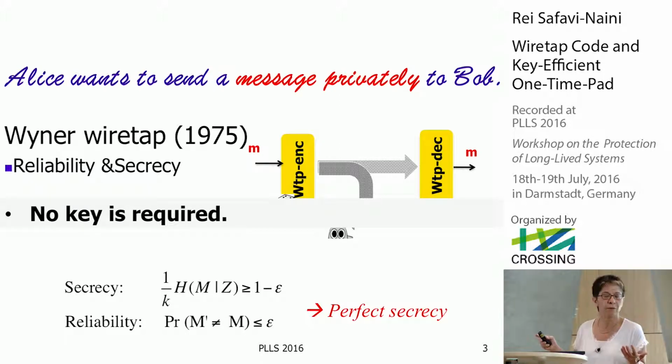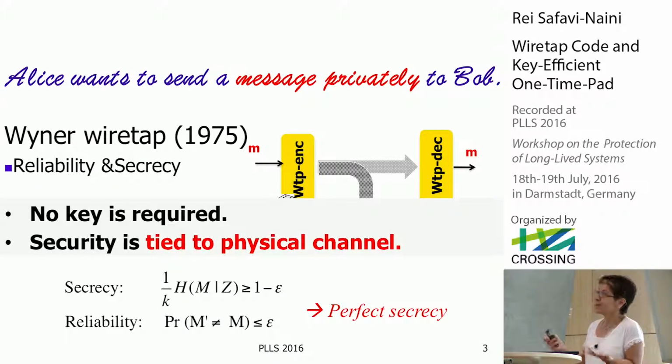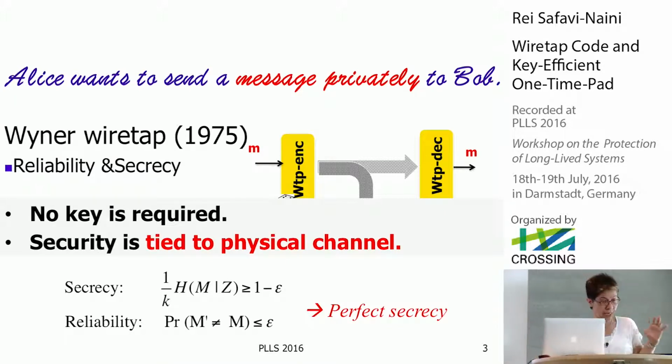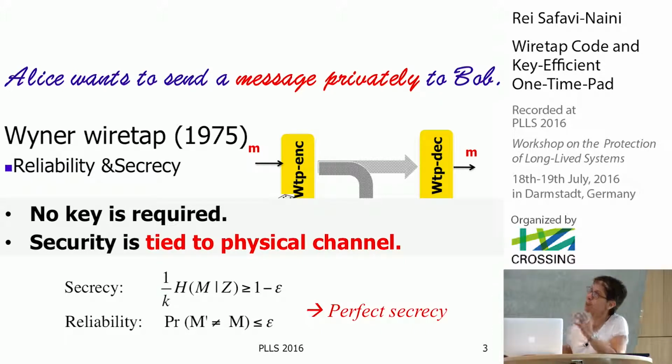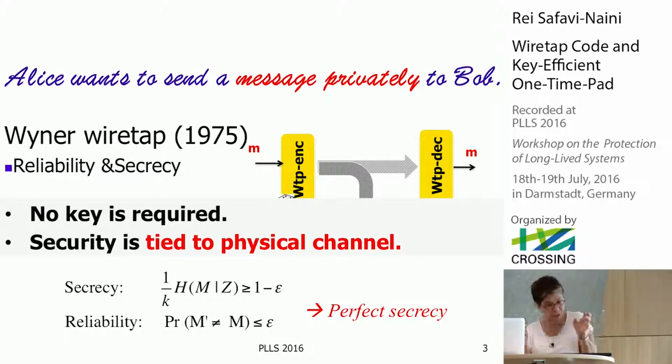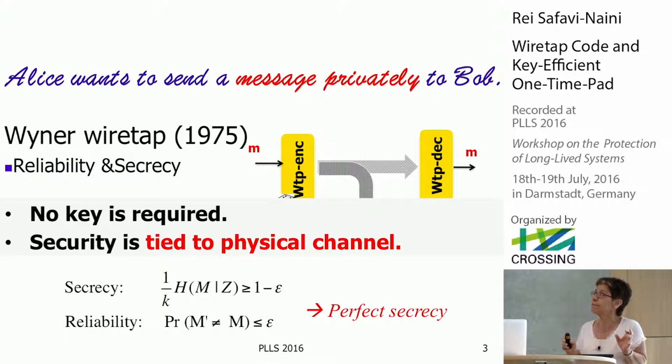There is no key required. Now, the stark difference from the previous one is that here, security is tied to the physical property of the channel. So it's completely different. Every time you design a wiretap code and want to run it in a different environment, you have to go back to the environment, see what the properties of the channel are, and then fine-tune the parameters of the system for that particular channel.